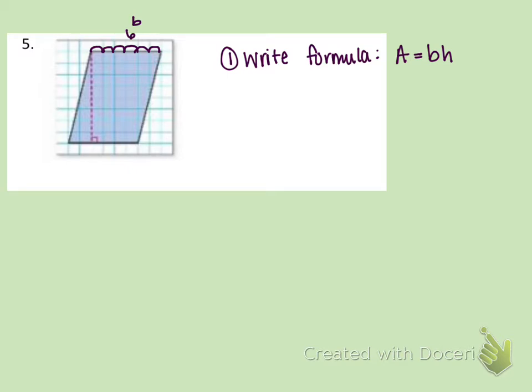So for the height of a parallelogram, if I were to go along this side right here, I would be going at a diagonal. That isn't accurate.